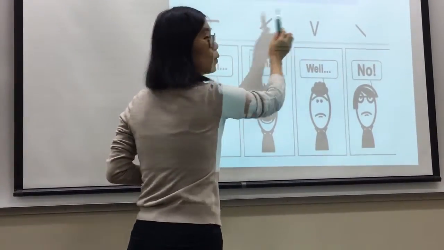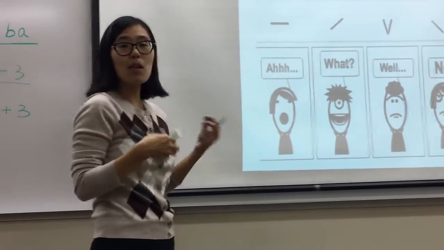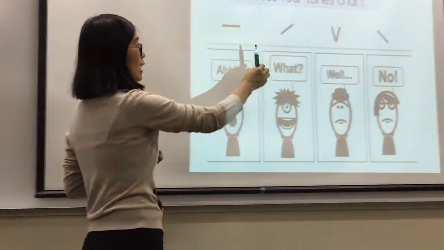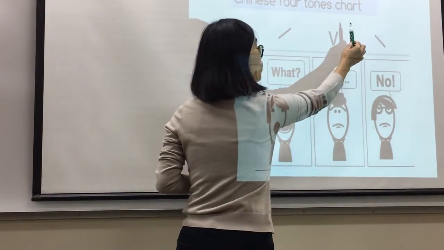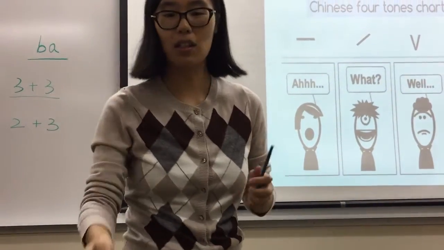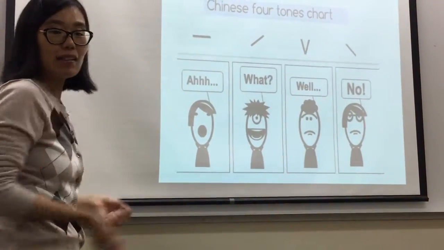Ni hao. Ni hao. And you meet someone who is older than you, remember what we will say? We will say nin hao. Nin hao. Okay, so now just have a common sense about the tones learning, and we will practice this again and again afterwards.